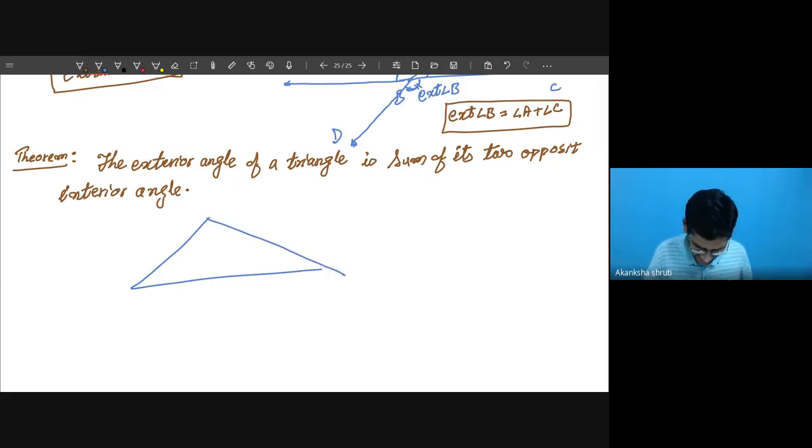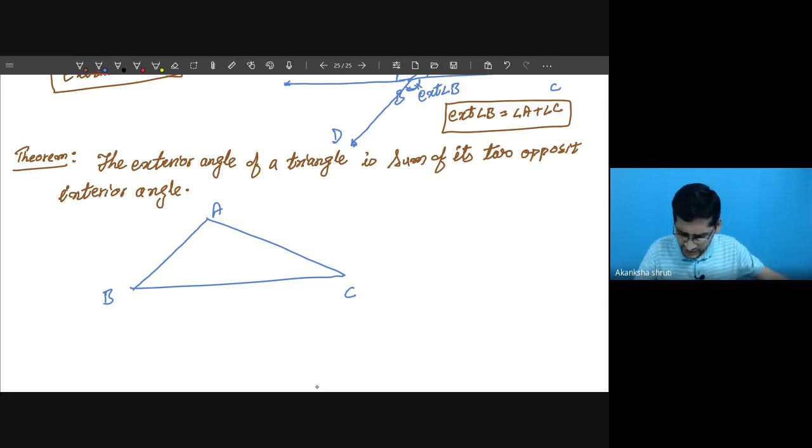Student, let us take this triangle as ABC. Let us produce at this C. Now I am producing at C. It is going to this D. What is the exterior angle?